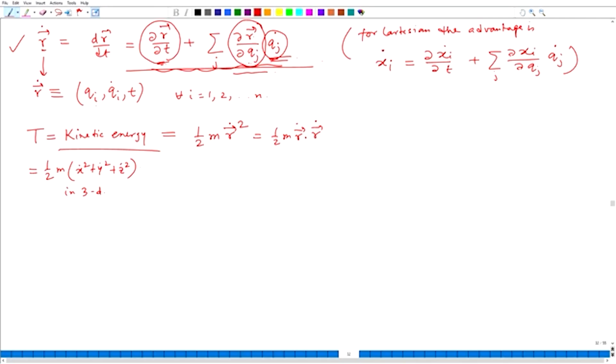Or I should write half m x1 dot square plus x2 dot square plus x3 dot square, or for an n dimensional space, up to xn dot square. That is the general expression I can write for n dimensional space.